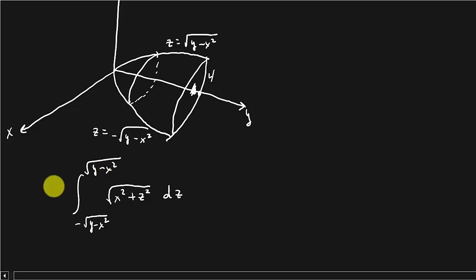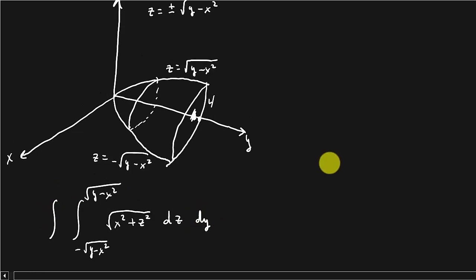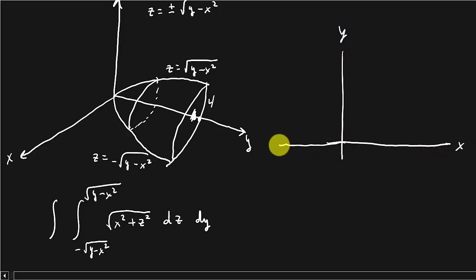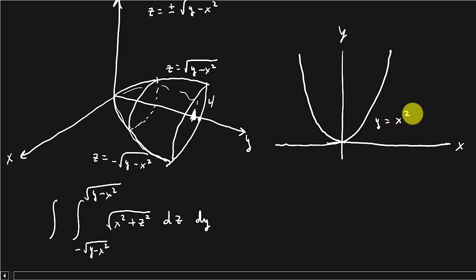Then let's integrate with respect to y, dy. I want to look at this thing in the xy plane, so let's draw this. There's x, there's y. If I'm looking in the xy plane, standing up and looking down, do you see that it's going to look like a parabola? It's this parabola right here, y equals x squared.